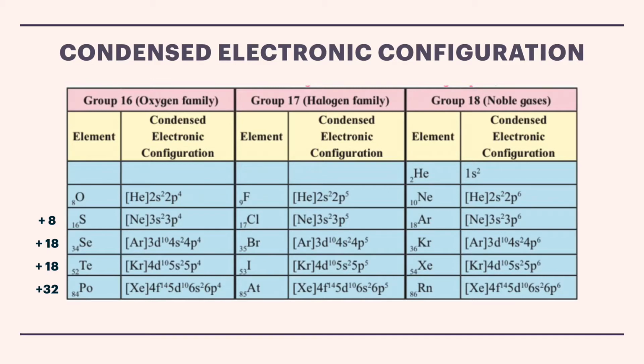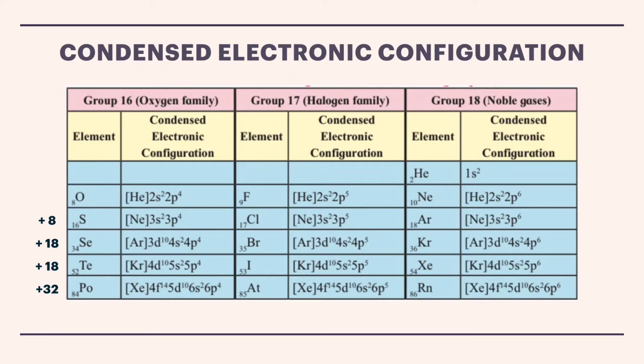I start from B for boron, C for carbon, N for nitrogen, O for oxygen. So B is 5, carbon is 6, nitrogen is 7, oxygen is 8. So I know the first element of group 16 is oxygen, that is 8.